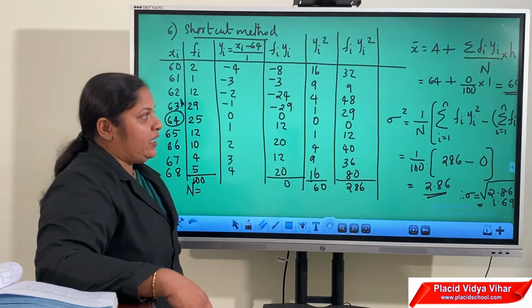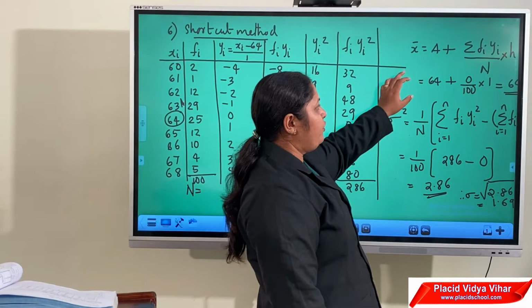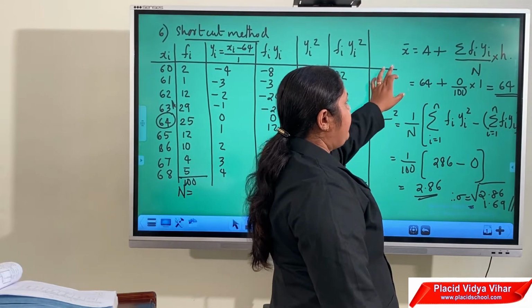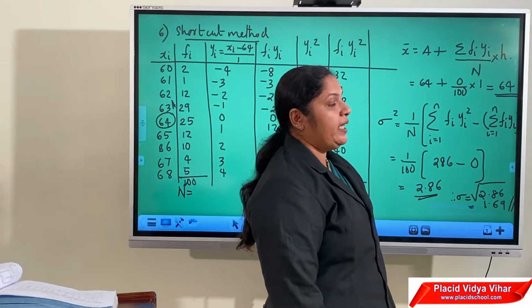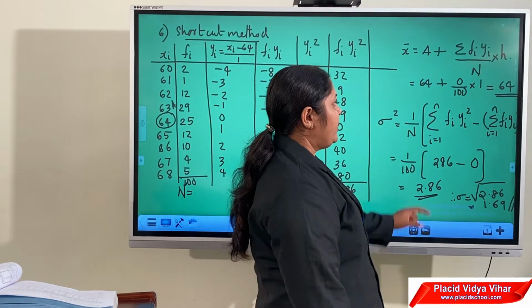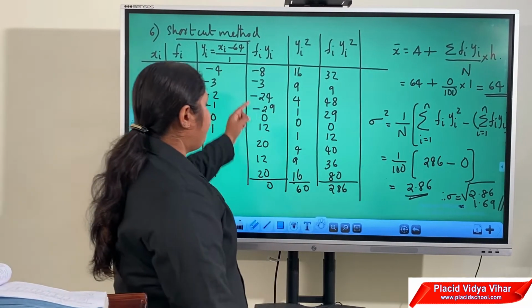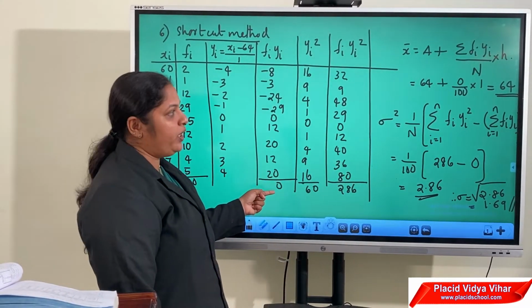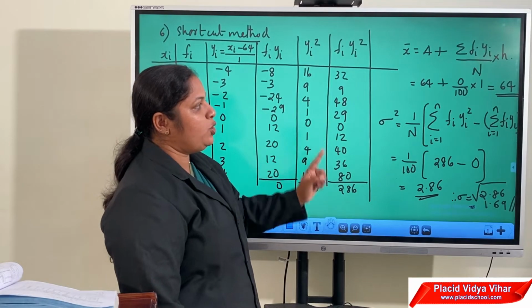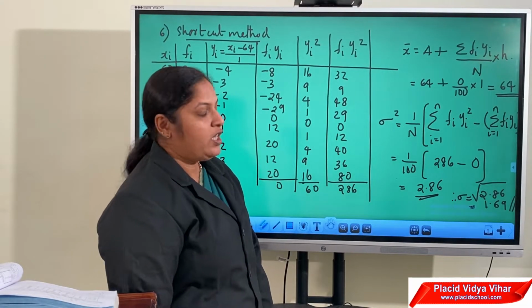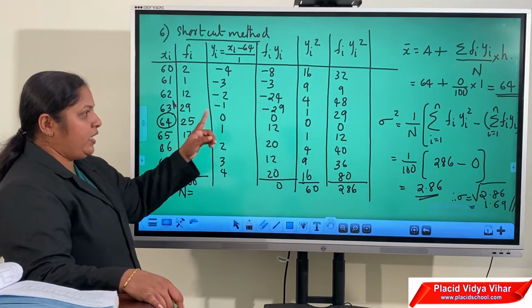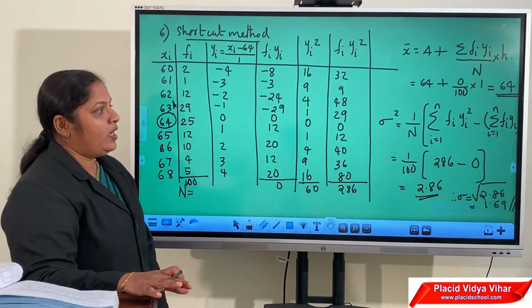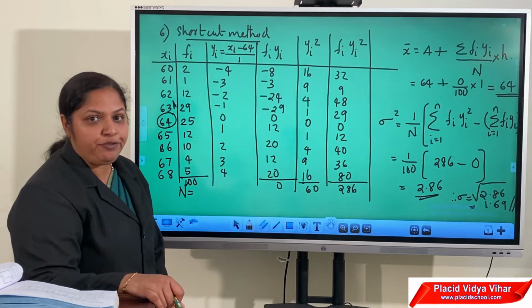To find the mean using the shortcut method, this is the formula. X bar is equal to capital A plus sum of Fi yi by capital N into H. That is 64 plus sum of Fi yi, which we obtain as 0 here, 0 divided by 100 into H, where the value of H is 1. So, the actual mean and the assumed mean are the same here in this question. X bar, we have got it as 64.